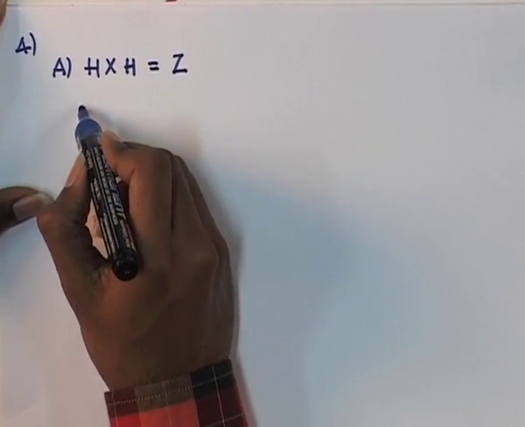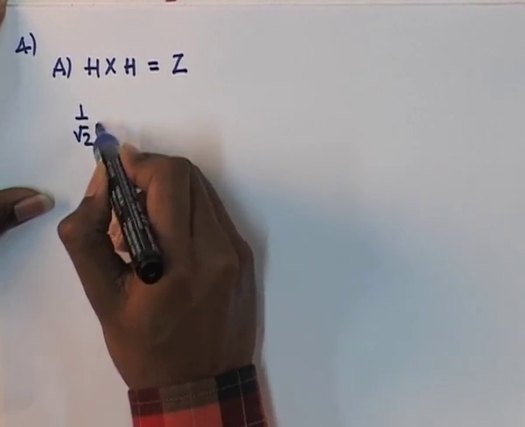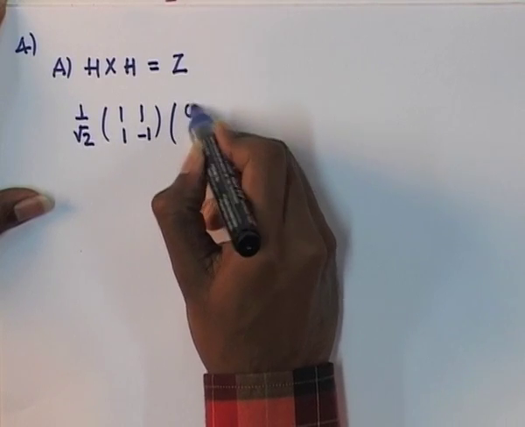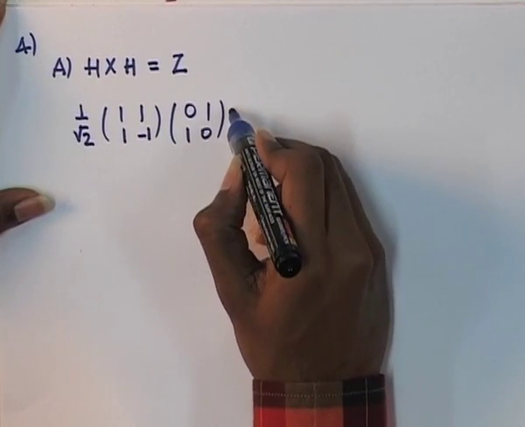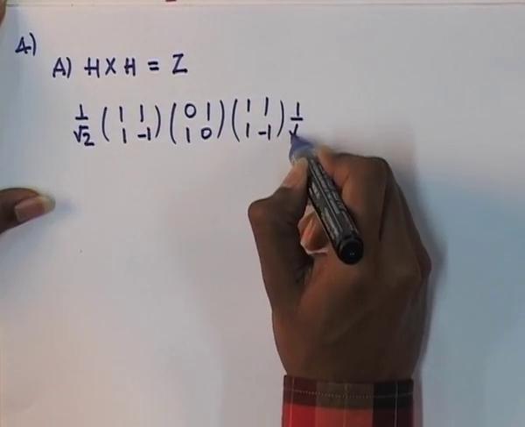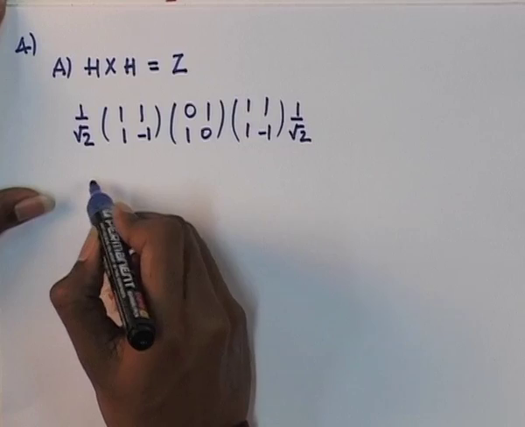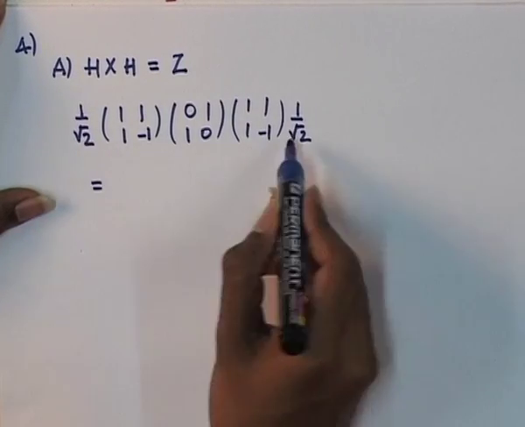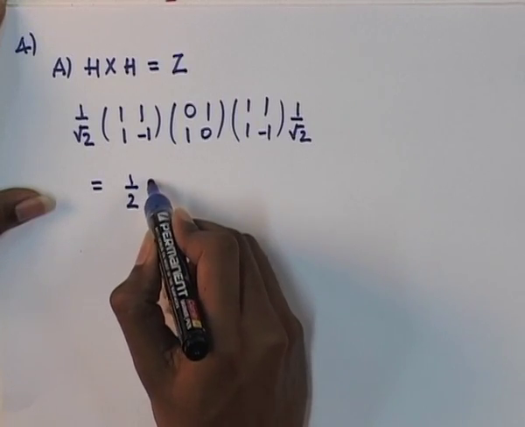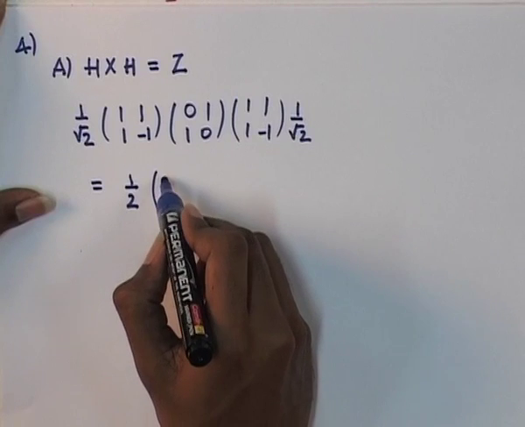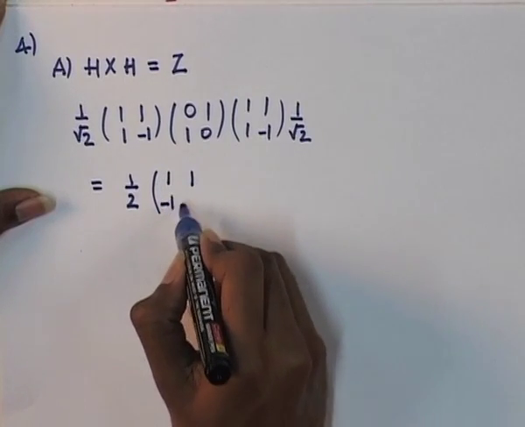We know that the H matrix is 1 by square root 2 times [1, 1; 1, minus 1], and X is [0, 1; 1, 0], and again H is [1, 1; 1, minus 1] over square root 2. When we multiply these factors, it counts to 1 by 2, and then multiplying H and X, we obtain [1, 1; minus 1, 1].